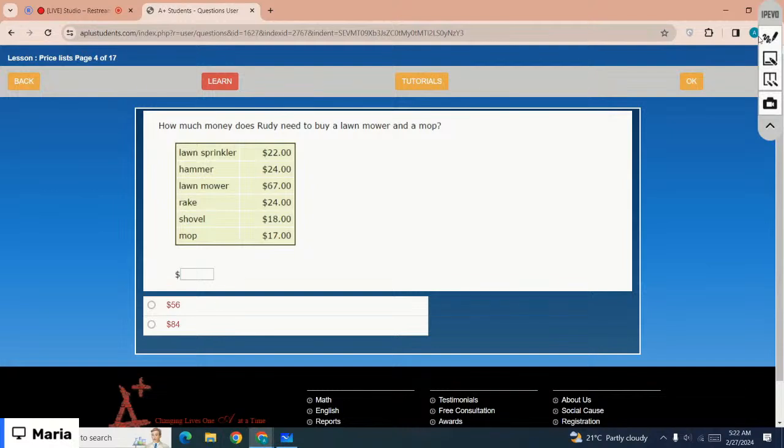The correct option is $84. Yes, that is $84. So that means they both cost $84.